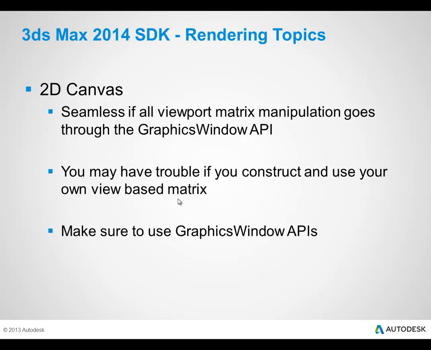As for 2D canvas changes, you shouldn't have to worry about any of these. We've updated the performance of the 2D canvas. The main thing is if you see behavioral changes in your existing plugin, you want to look at the graphics window APIs and make sure you're using those according to the documentation.